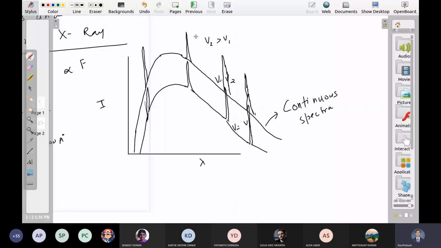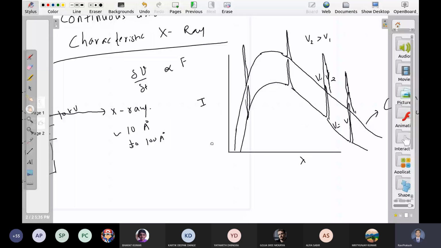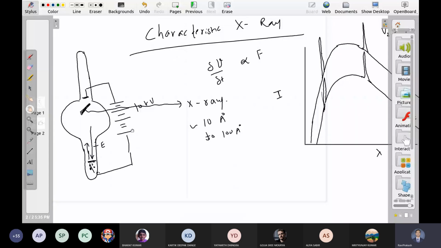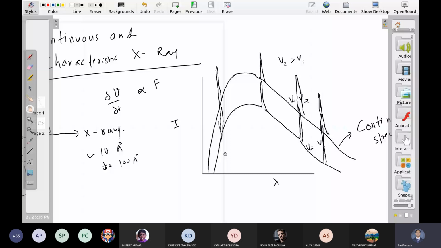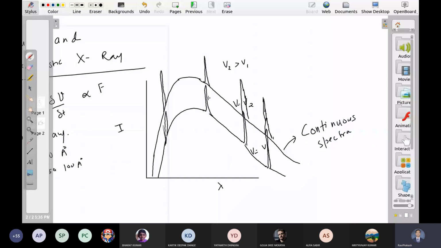And these spikes do not depend on the electrons, they do not depend on the battery, they only depend on this target atom. Or you can say these are the properties of the target atom, or these are the characteristics of material only, and therefore it is called characteristic spectra. And these two together make X-ray spectra.